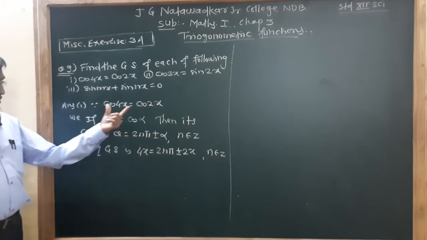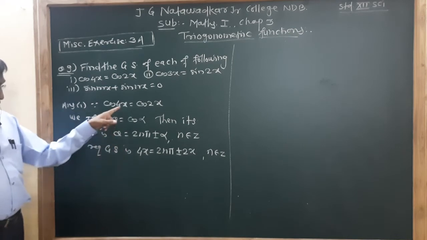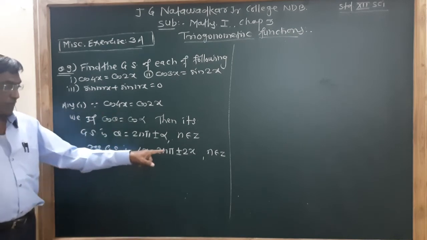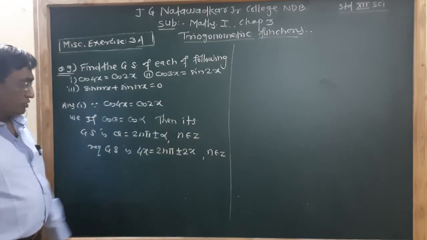Our given equation is of this type, so the required general solution is 4x is equal to twice n pi plus or minus 2x, where n belongs to Z.